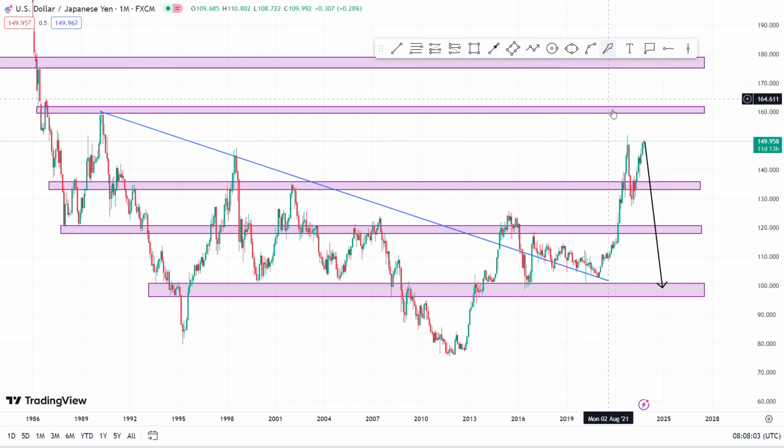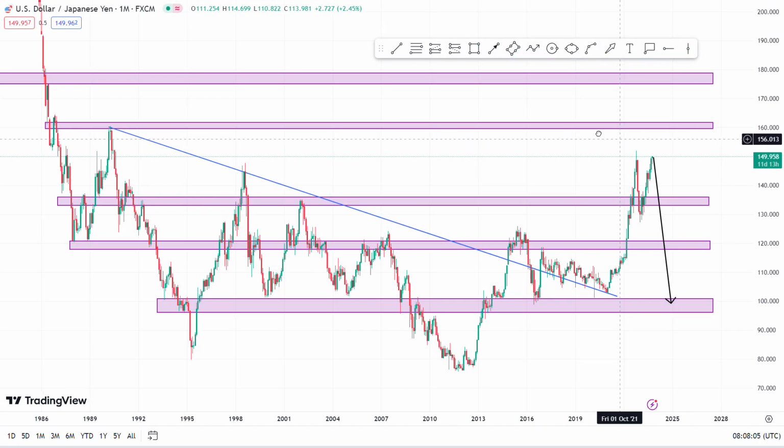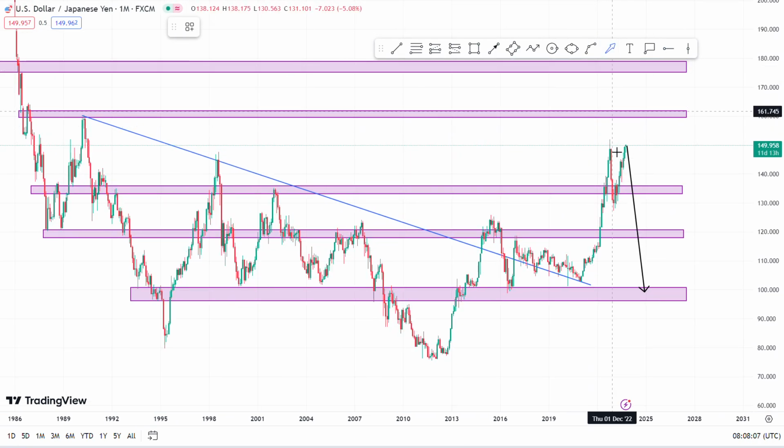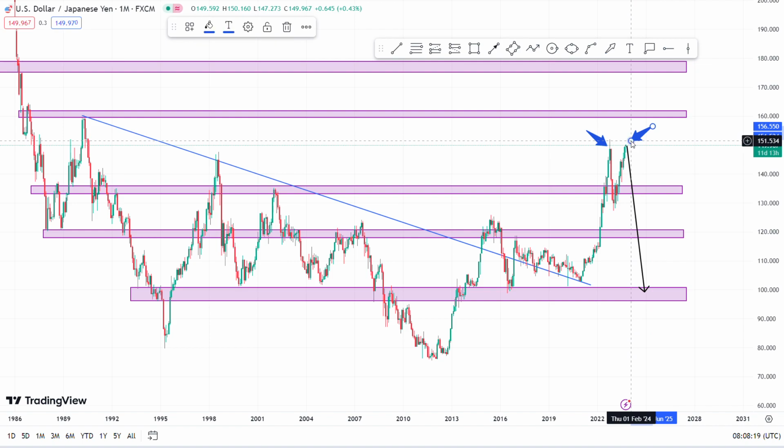You know, the market is very simple. It can form a double top here. If not, it can go straight to this highest zone.